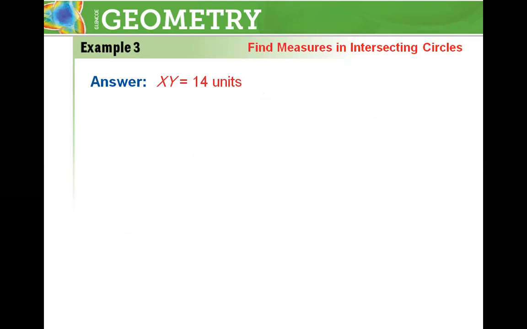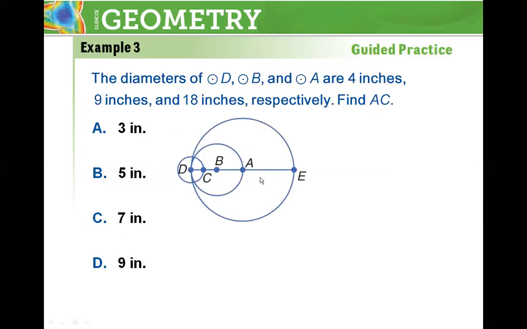Okay, so we have here another example. Take a few seconds to think about it, and I'll choose one to solve it. I'll read the problem aloud. The diameters of circle D, circle B, and circle A are 4 inches, 9 inches, and 18 inches respectively. Find AC. I need to find the length of AC.